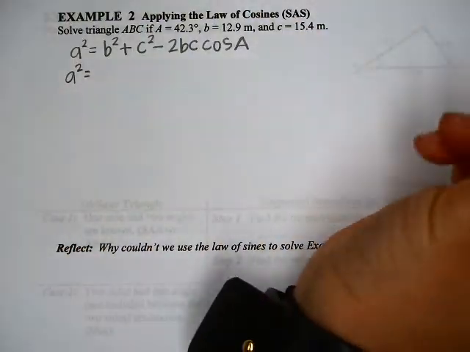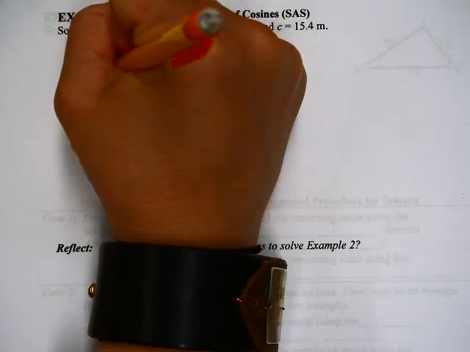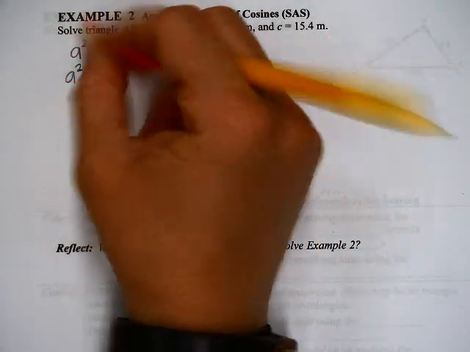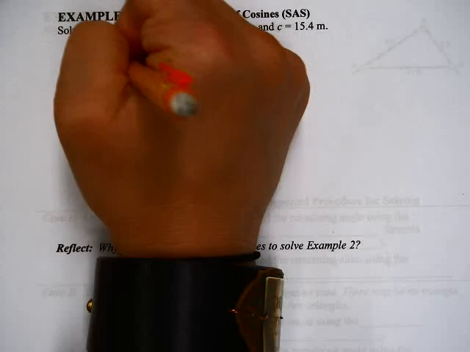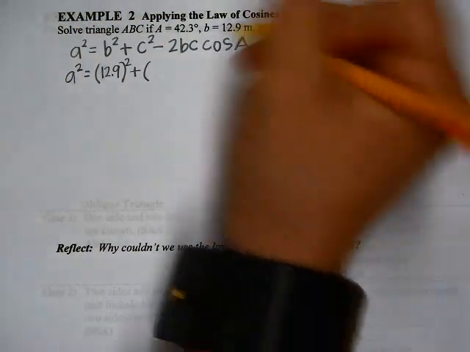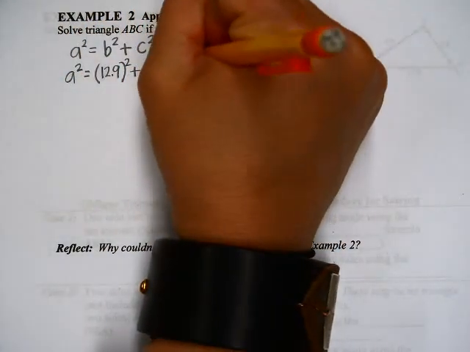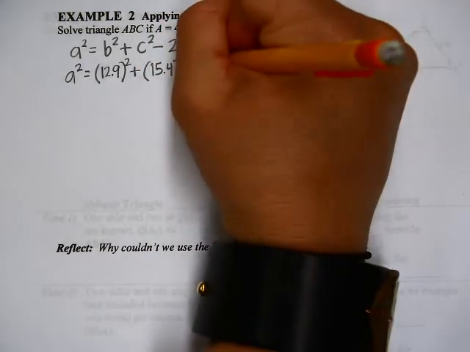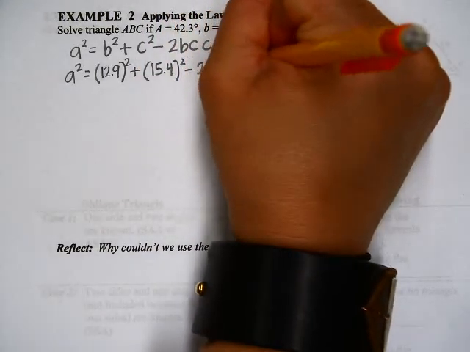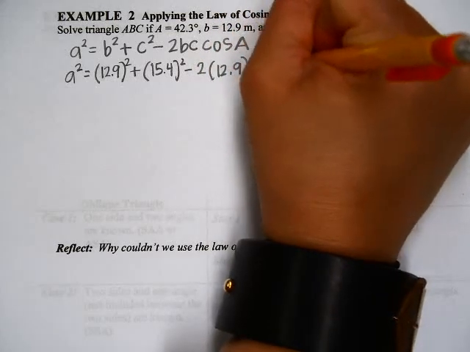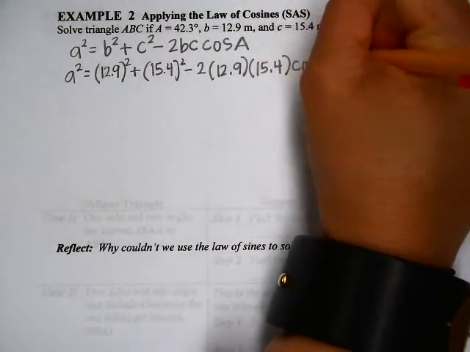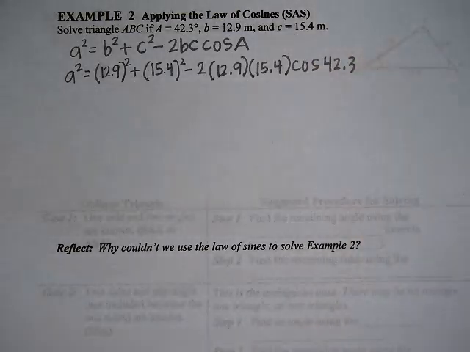Alright, so now plug in. We're doing the same thing we just did. So you have 12.9 squared plus 15.4 squared minus 2 times 12.9 times 15.4 times cosine of 42.3. Put all that in.